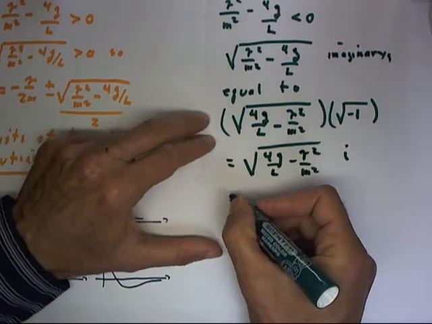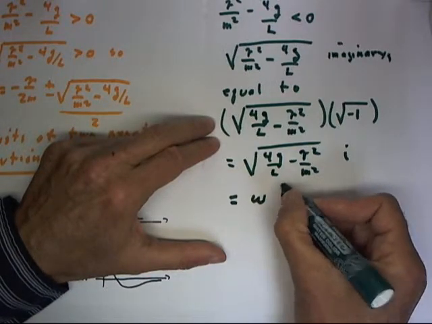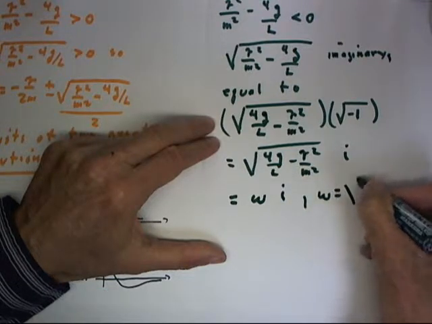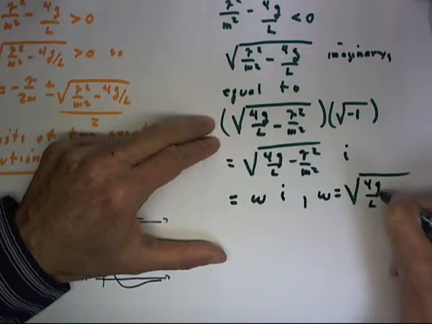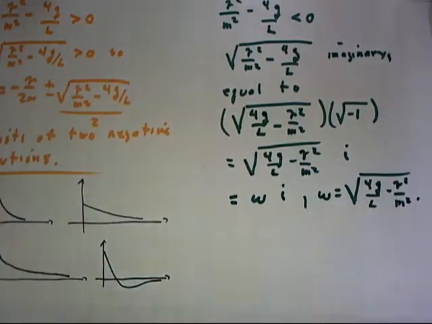And we're going to call that then omega i, where omega is just the square root of 4g divided by L minus gamma squared over m squared.